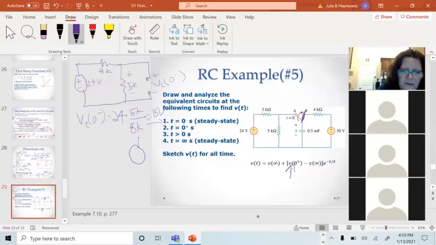Now I've got a 30 volt source. I've got 4K, and I've got a capacitor that's acting like a capacitor.